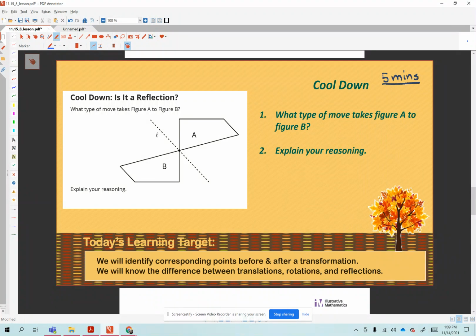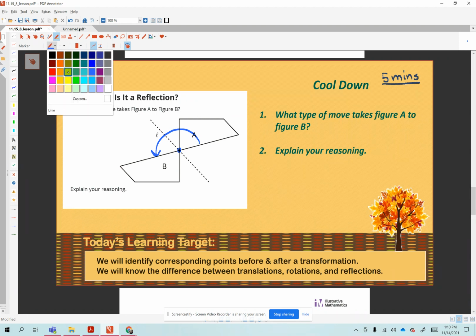Okay, so to move from figure A to figure B, what is it? Is this a translation? Is this a rotation? Or is this a reflection? Well, this is definitely a rotation. We have a center of rotation at this point that I've just colored green. So if figure A is turned about the point shared by figure A and B, it will land on figure B. Think of this line as coming over and landing right there.